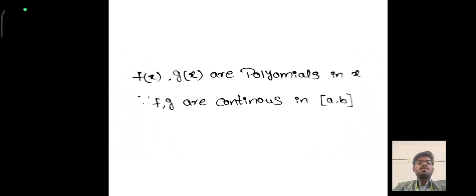f of x comma g of x are polynomials in x.